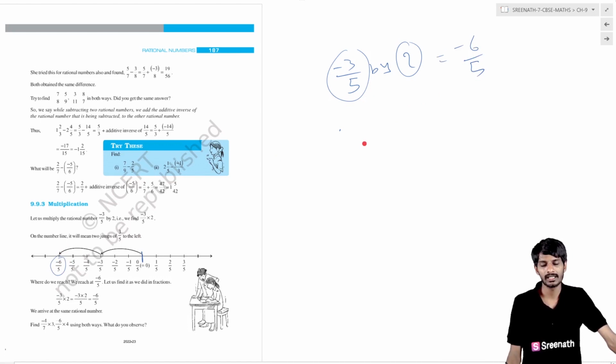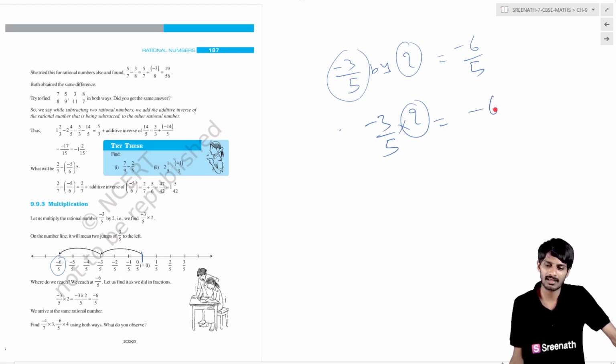So if you clearly observe how you can multiply rational numbers, suppose there is minus 3 by 5 and you multiply by 2. Simply multiply the other number with the numerator, and you can easily get the answer. Minus 3 into 2 over 5, that is equal to minus 6 by 5.